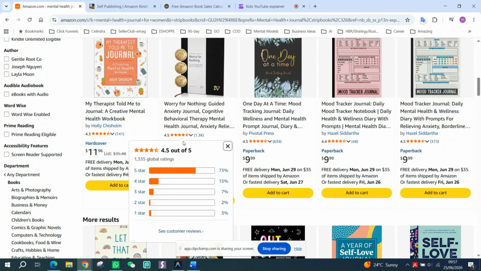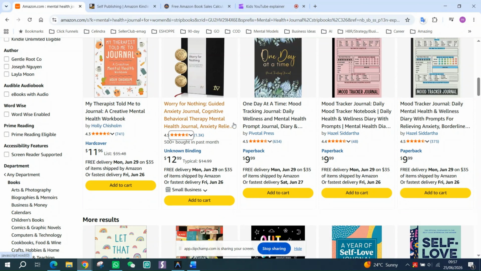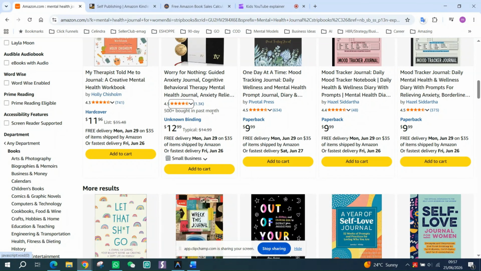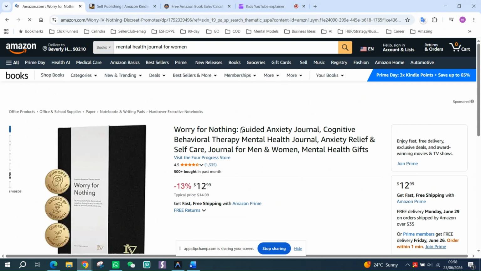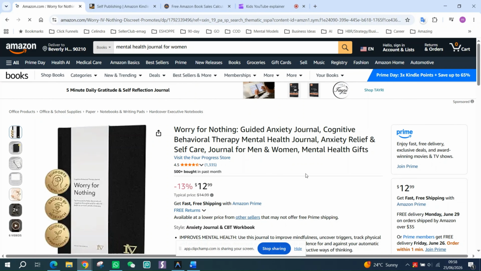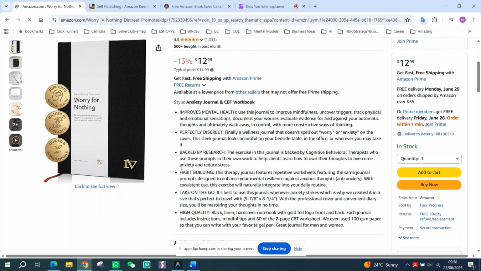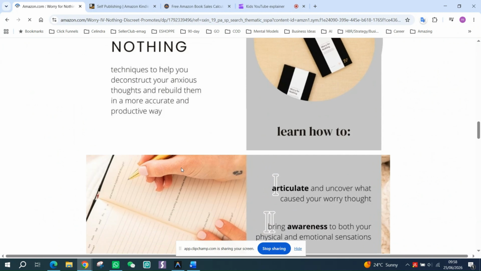So for instance, let's take this one. It says 500 books sold or bought by customers in the past month. So let's open it, because I'm curious to see at $12.99 how much they sell.